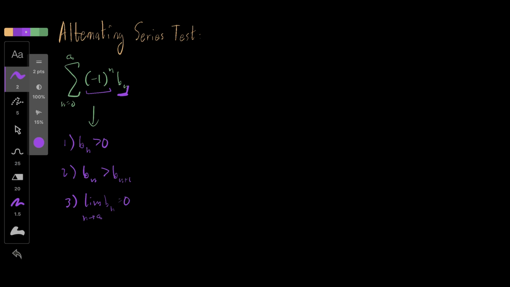Now, if you remember, we talked about the harmonic series in a previous video and how this diverges. But if you have an alternating harmonic series, this actually converges because b of n, which is 1 by n, is greater than 0.